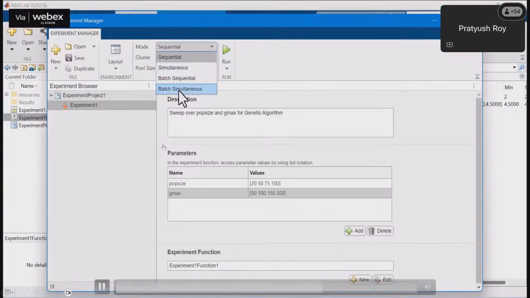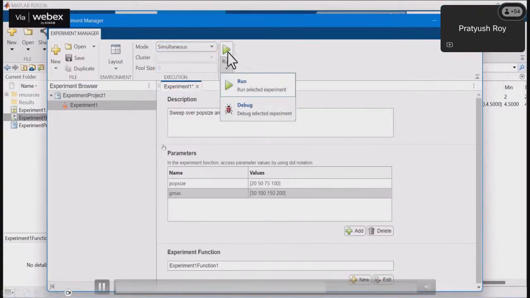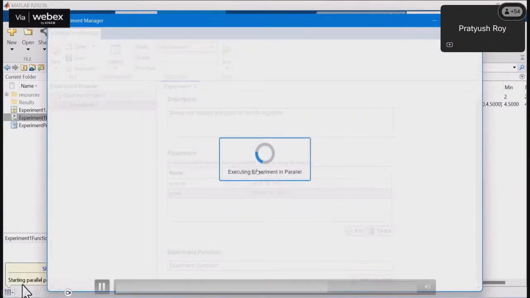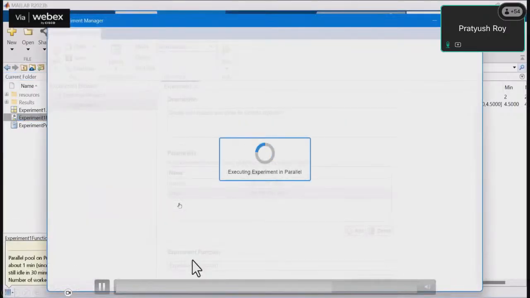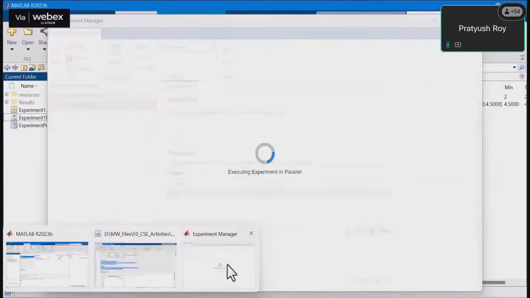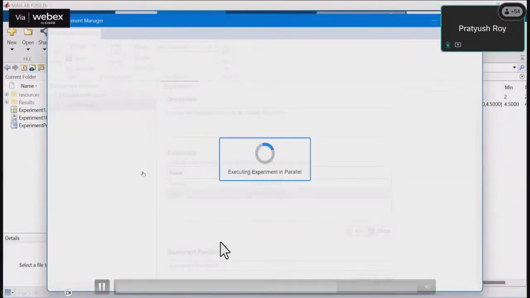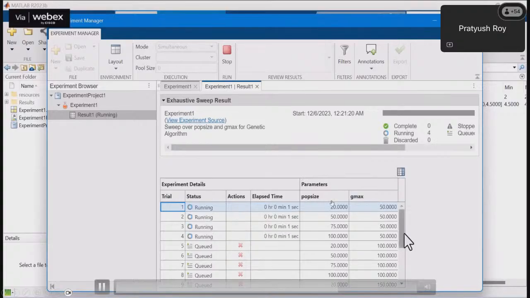So let me run this, take the simultaneous one. So it is showing you that executing this in parallel, automatically the parallel processes in your system will be activated. Yes, Dr. Mihir, it is parallel computing. So as you can see, it will run things in parallel.